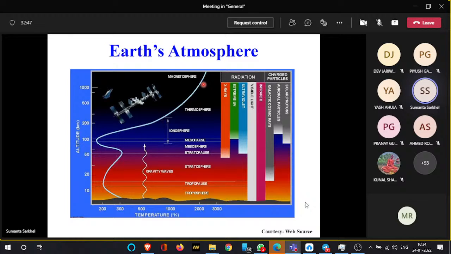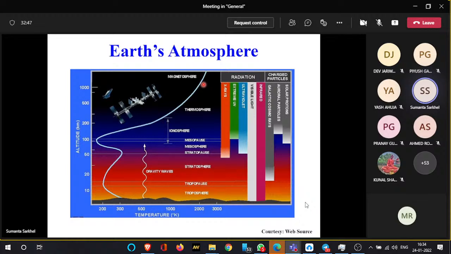The region where temperature decreases with altitude is called the troposphere, and it happens because we are getting away from the secondary heat source, which is the ground, heated by the sun. If you go away from the secondary heat source, obviously the temperature decreases, and at some point this trend becomes opposite, and this gradient becomes zero.